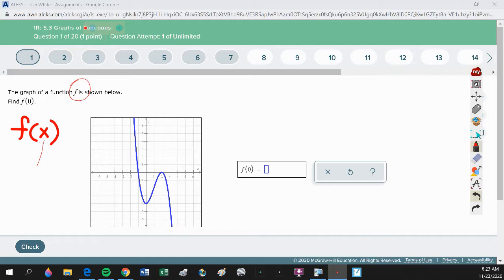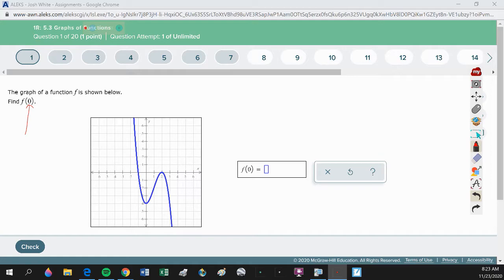So this is the x-axis portion of the function, and then this is the y-axis portion. So the inside is the x, and the outside is the y. If you can remember that, today's going to be really easy. So this is asking if the x portion is 0, what does the y portion equal?